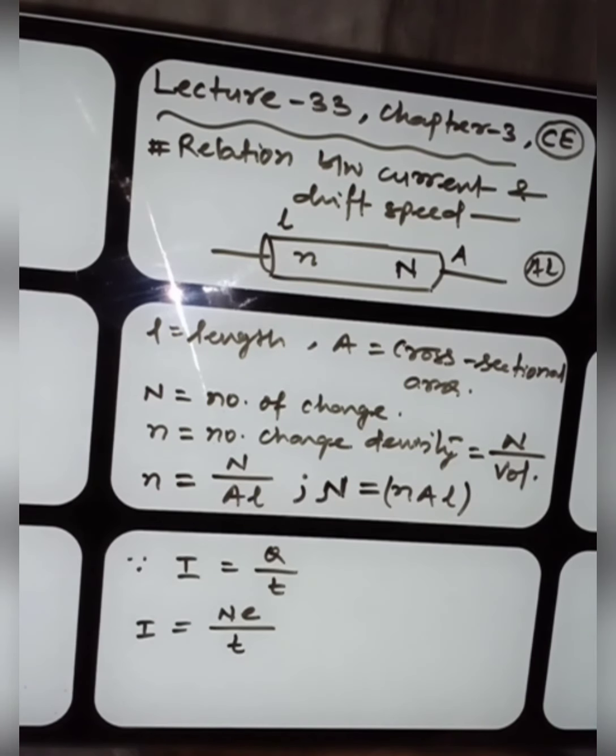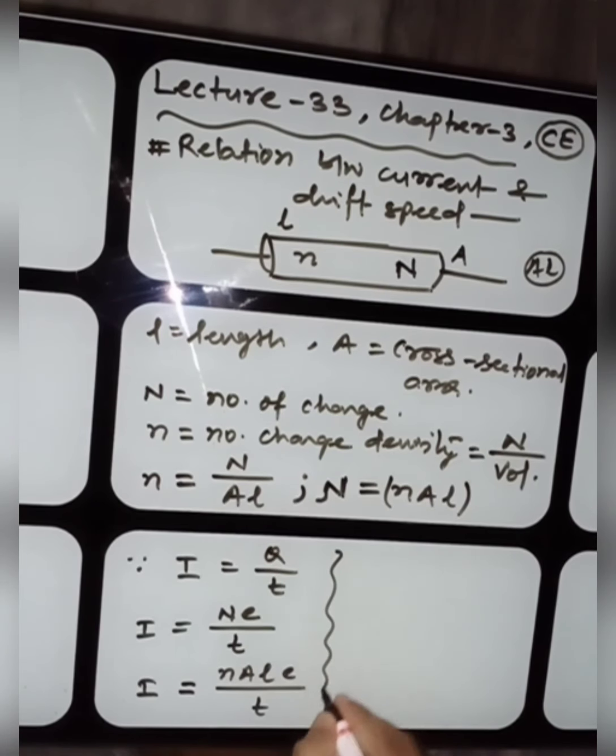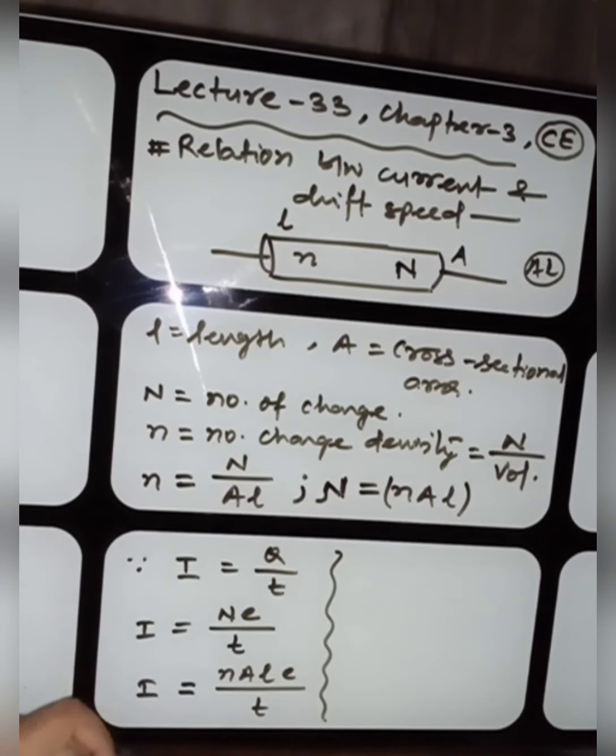My dear students, now we have already obtained the value of N, so we can place N as n A L, times e, divided by T. Now look carefully, my dear student.